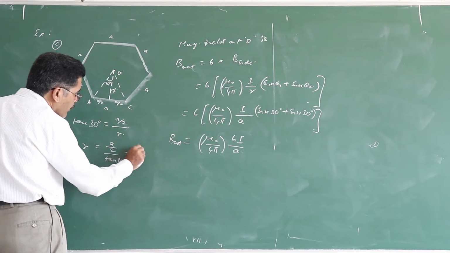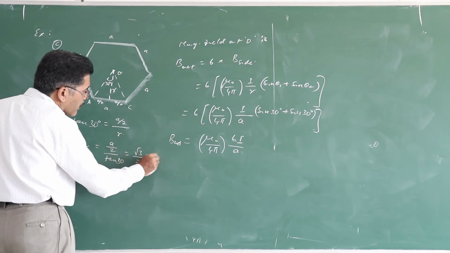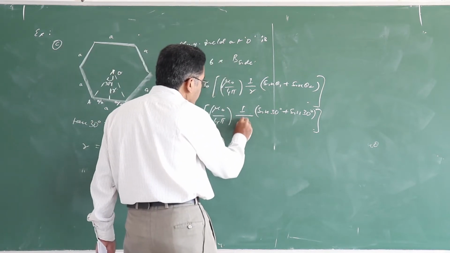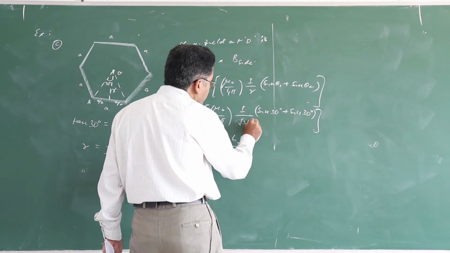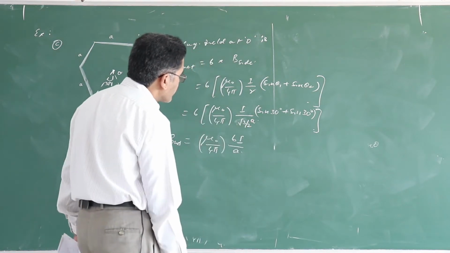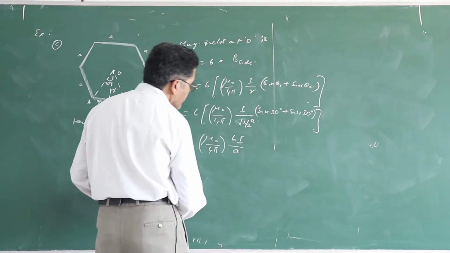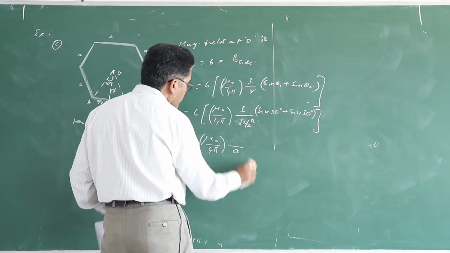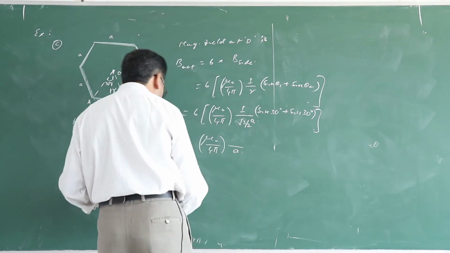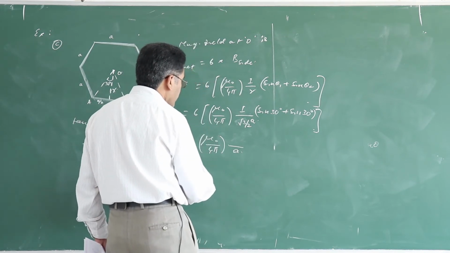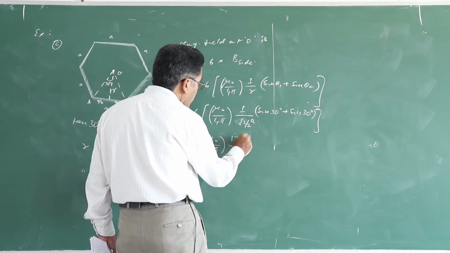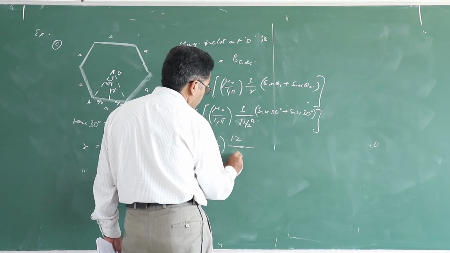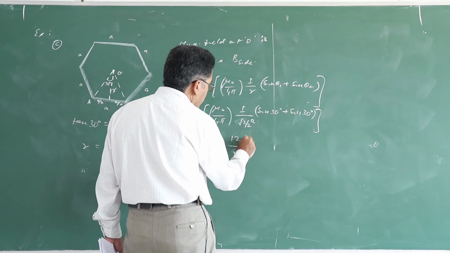Therefore root 3 by 2 into A. So in the place of this, root 3 by 2 into A. So you will be getting 12 here, 12 root 3 A, 12 I.